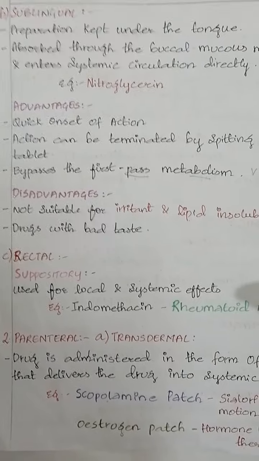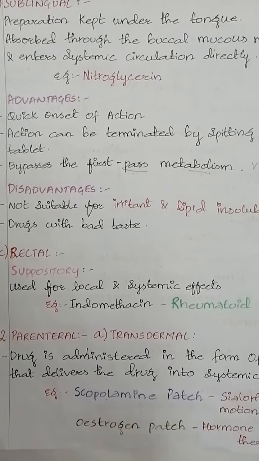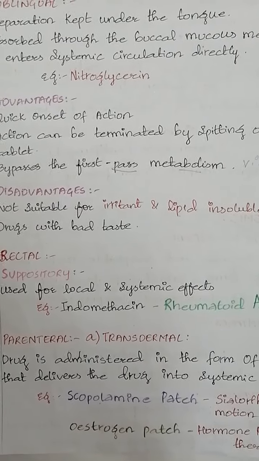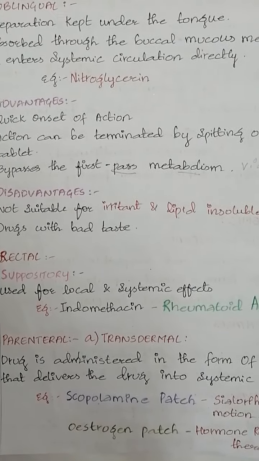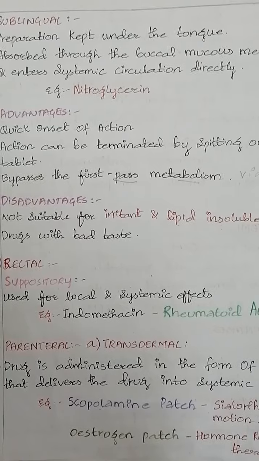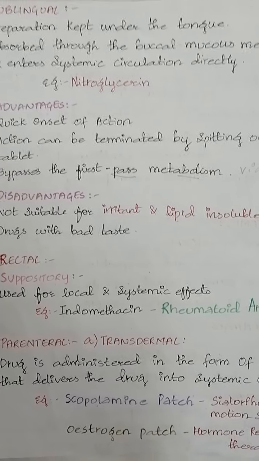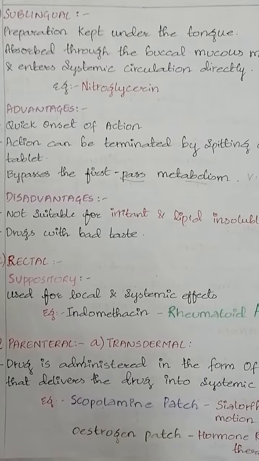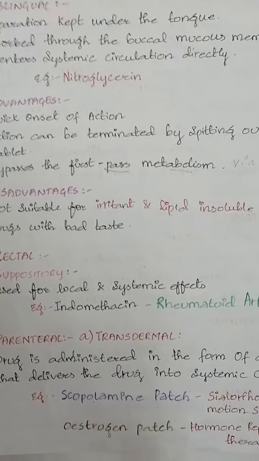So the sublingual route bypasses the first pass metabolism. Hope you are understanding the term first pass metabolism. What I am trying to tell you: a drug absorbed orally is transported into the systemic circulation via the liver through the portal vein. Then it enters the systemic circulation, right?